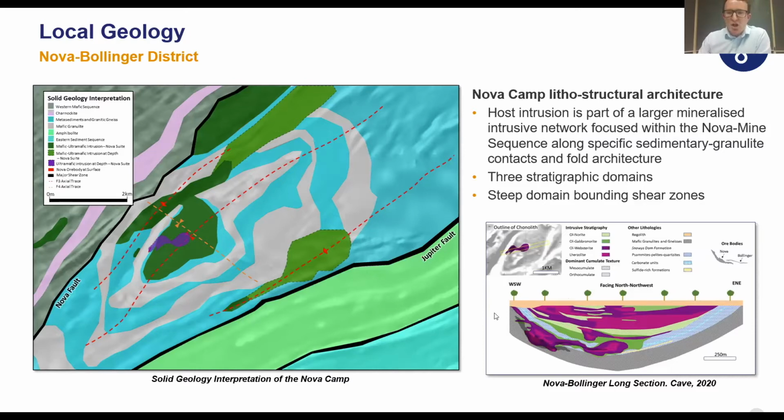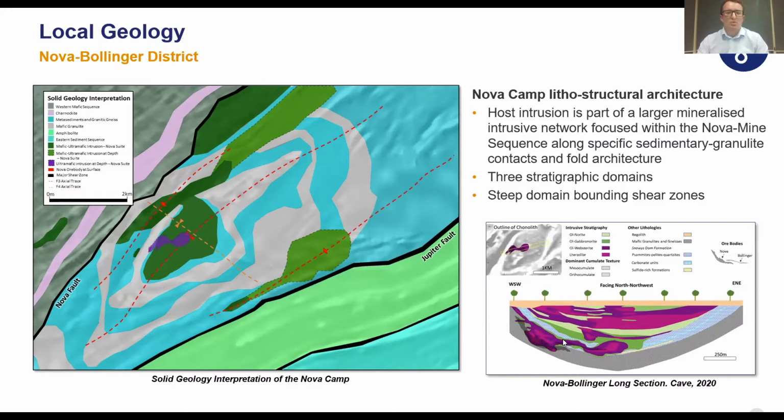But basically, Nova-Bollinger is associated with the pipe-like intrusion, which we call the lower intrusion, and it's located here. It's associated with the much larger sill complex, which we call the upper intrusion.